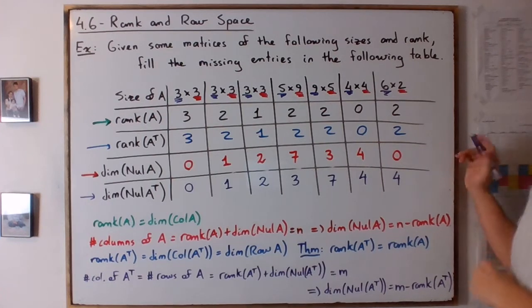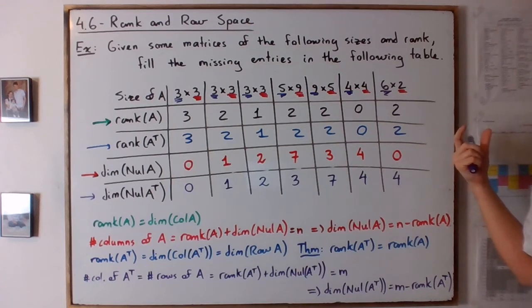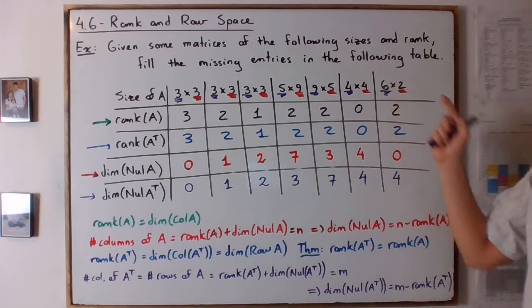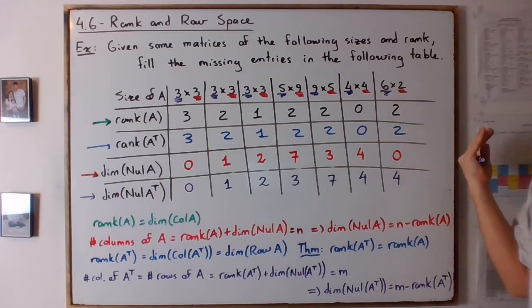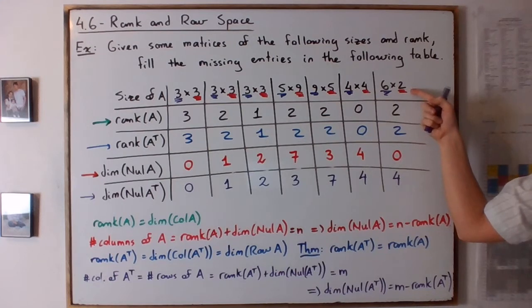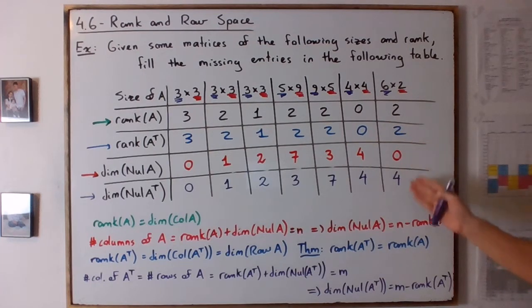What we have to comment is that if the matrix has maximal rank, then it depends on whether there are fewer rows or columns. If you have fewer columns than rows, you will have a null space of dimension 0. But if you have more columns than rows, it's the opposite scenario.